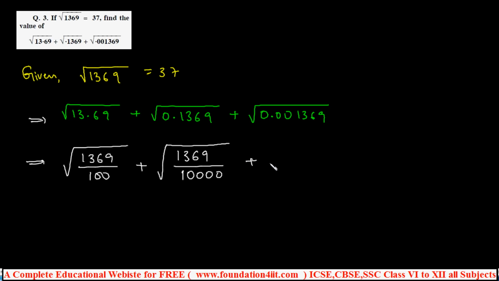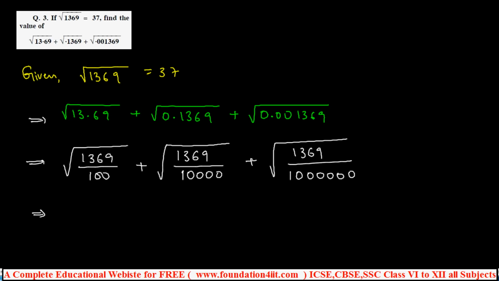Plus the square root of 1369 divided by the denominator. If you remove the point, there are 6 digits after it, which means there must be 6 zeros: 1, 2, 3, 4, 5, 6. So this is the number, 10 lakhs. Now the already given data says the square root of 1369 is 37.